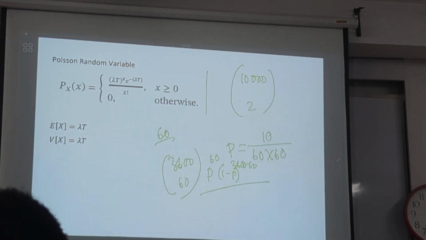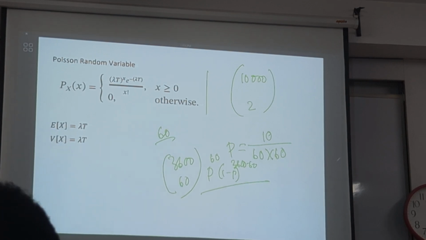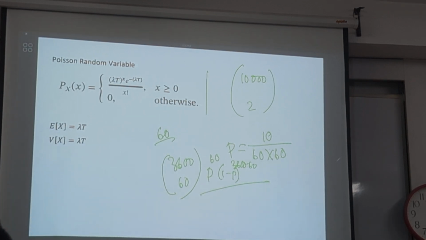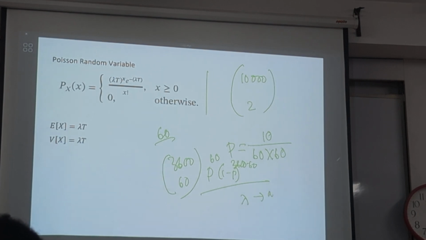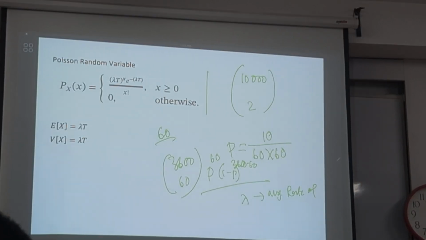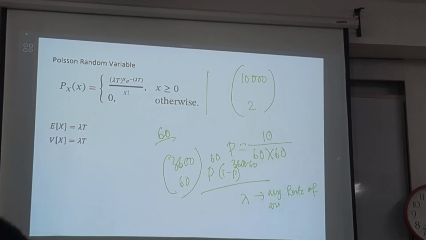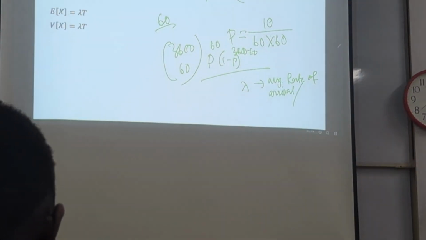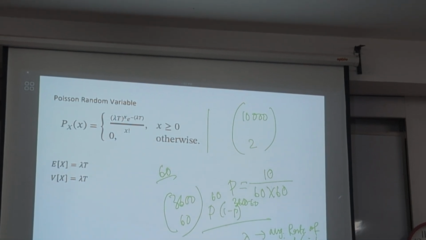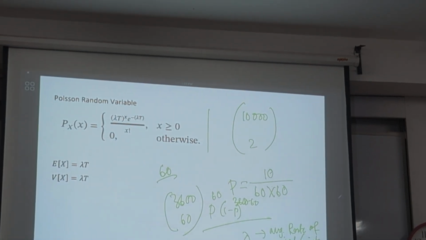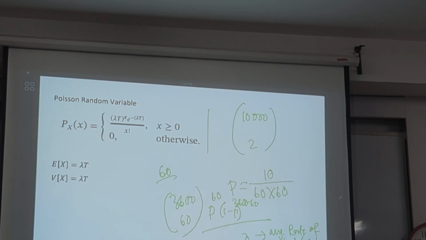So for all of this we know a quantity we call lambda, the rate of arrival of something per unit time.